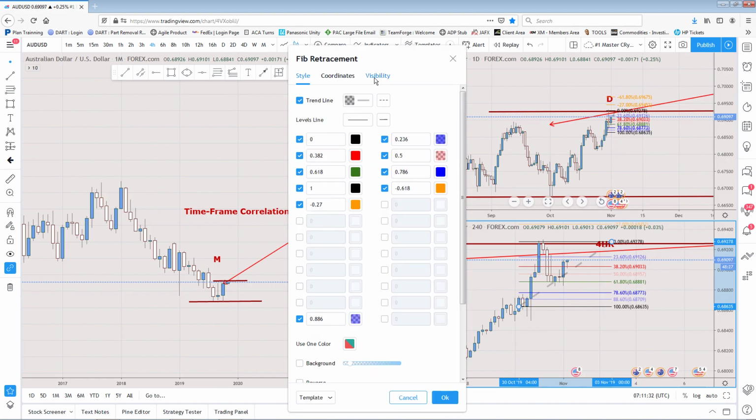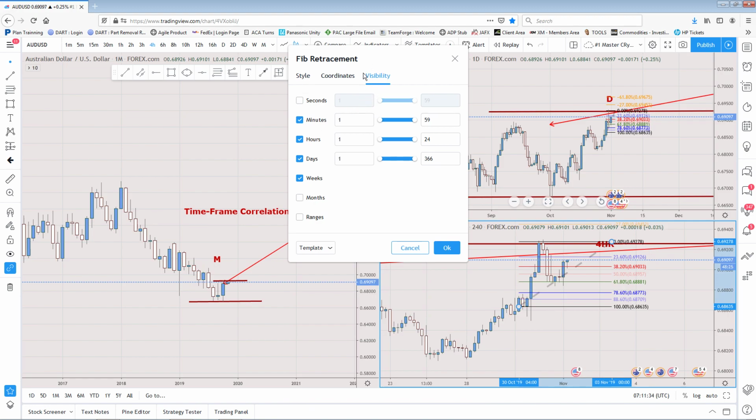Go to visibility. All of these tools will have a visibility tab, and you can choose what time frame you want it to show on. So maybe you have fibs on the hourly chart and you only want it to show up on the hourly chart. Right here I only wanted this fibs to show up on the 4 hour time frame.